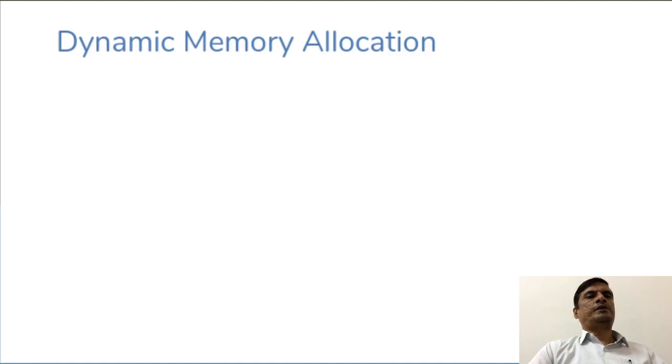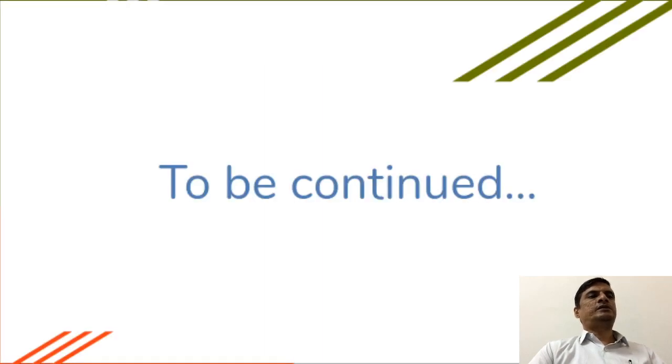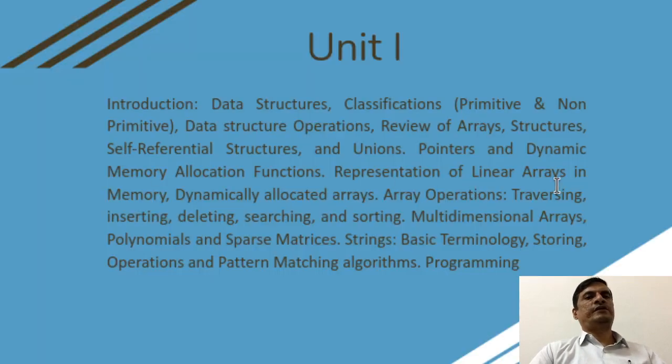We'll wind up for the day. In the next class we'll discuss further topics in your first module. For the day we discussed what a union is, how you distinguish between a union and a structure, and also the dynamic memory allocation functions.